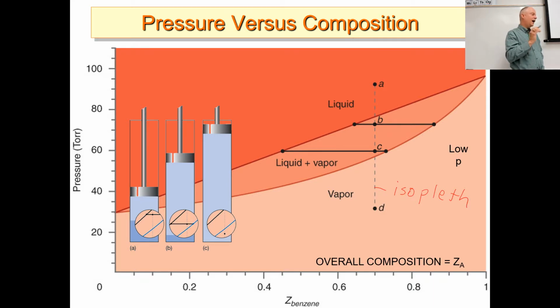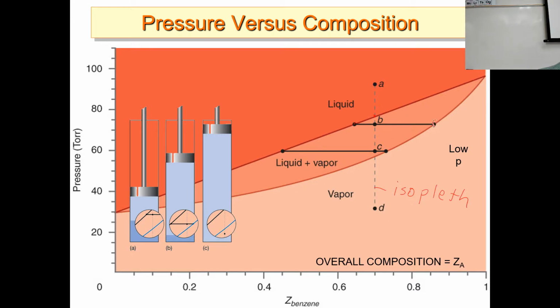So we're starting at A. We have a piston that's touching the liquid and we're lifting it up. And when we start to lift it up, we start to produce some vapor. Now we haven't changed the composition in the container, but we start out here. It's all liquid. Here it's mostly liquid, and we have this lever rule situation.